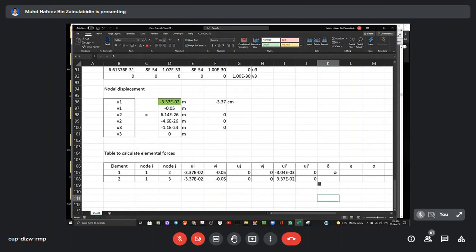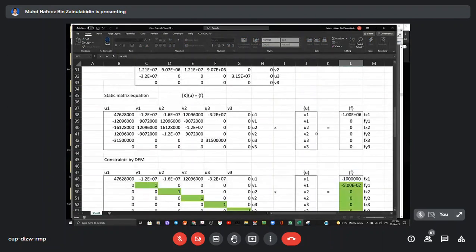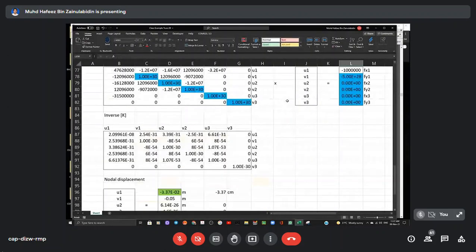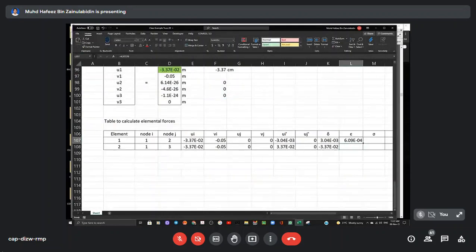And then elongation equals UJ prime minus UI prime. That's the elongation. You drag down, we get elongation for element 2. Strain equals elongation divided by length of element. Find L here, and then drag down. That's strain for element number 2.